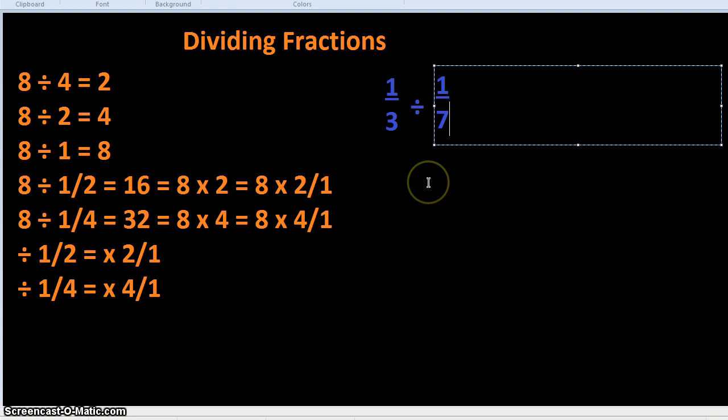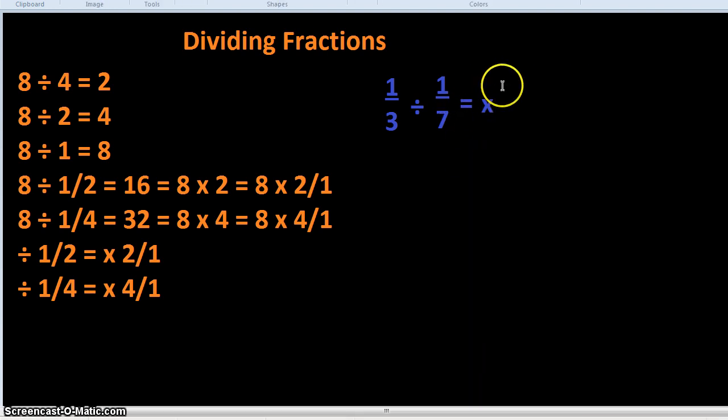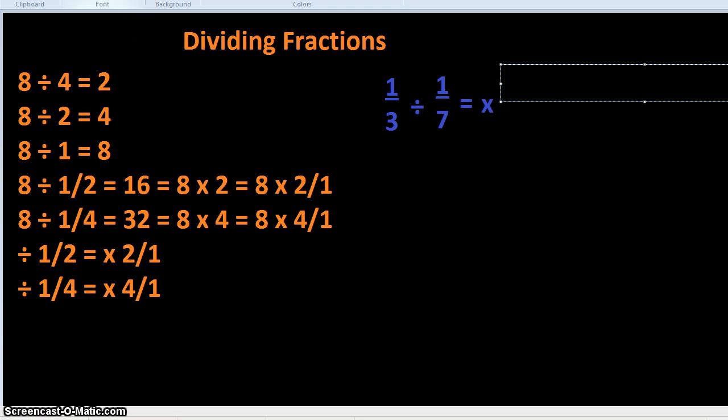Now, what did we find out? Dividing by a fraction is the same as multiplying by the upside down of that fraction. So if we're dividing by 1 over 7, that is the same as multiplying by the upside down of that fraction, which is 7 over 1.